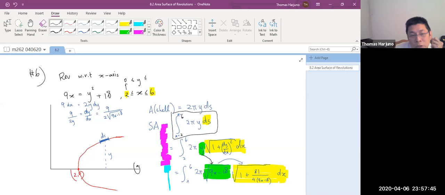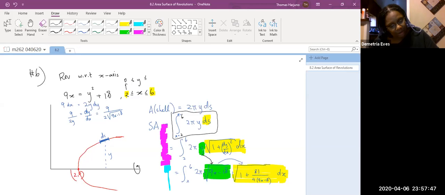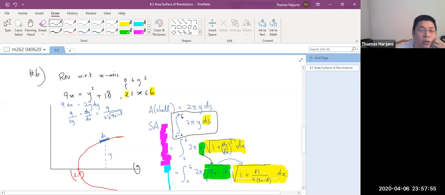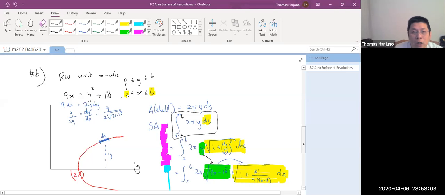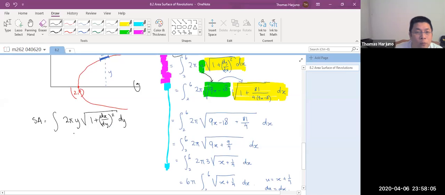When x equals 6, that's y equals 6 also? Okay, so my integral, if I make it in terms of y, will be from 0 to 6 of 2 pi y of that.